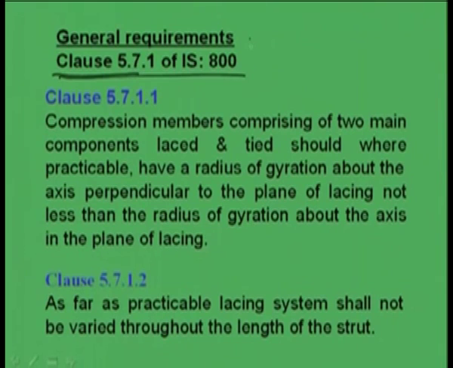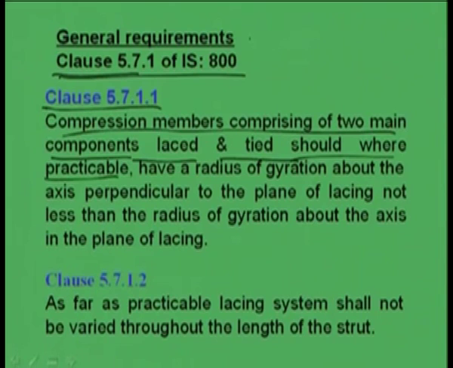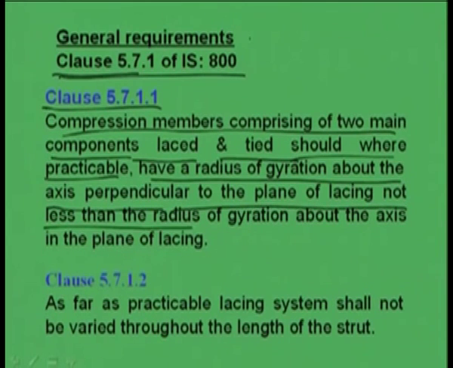So, let us see the guidelines given by the IS code, and as per that we have to find out the design criteria. The first guideline is cited in clause 5.7.1.1. Compression members comprising 2 main components, laced and tied, should where practicable have a radius of gyration about the axis perpendicular to the plane of lacing not less than the radius of gyration about the axis in the plane of lacing.